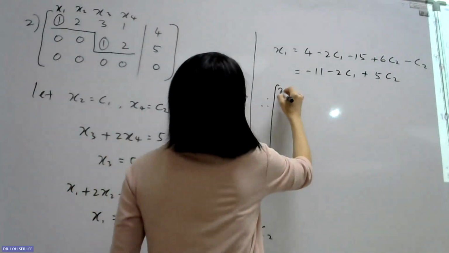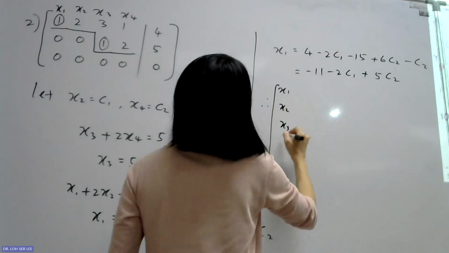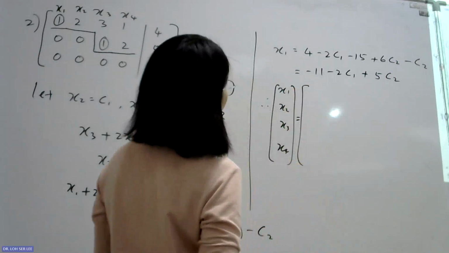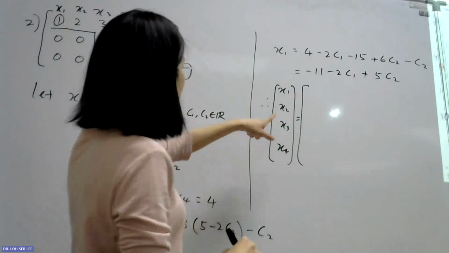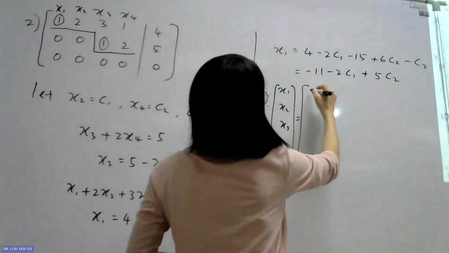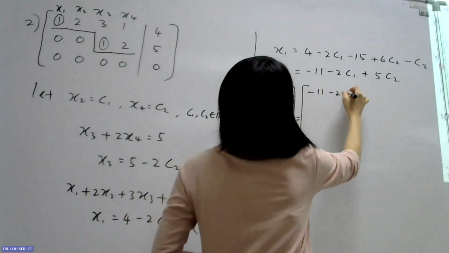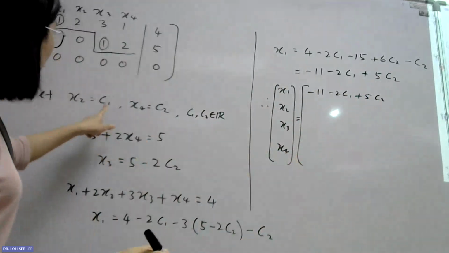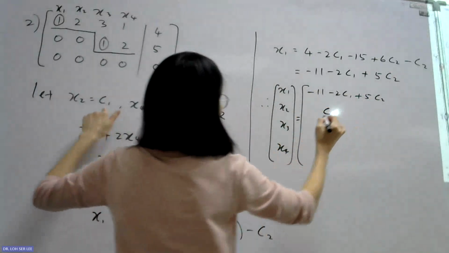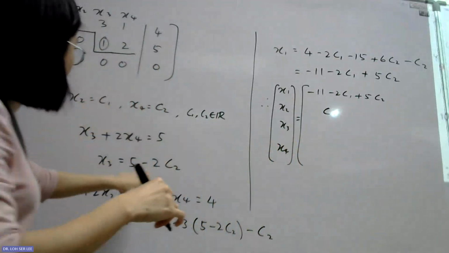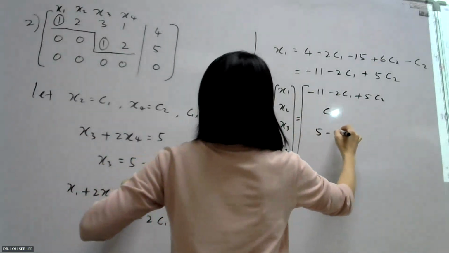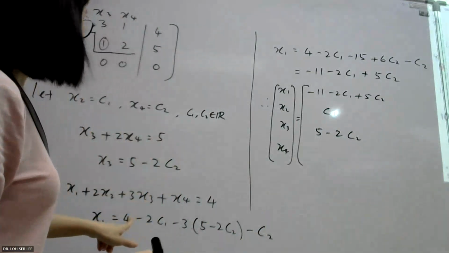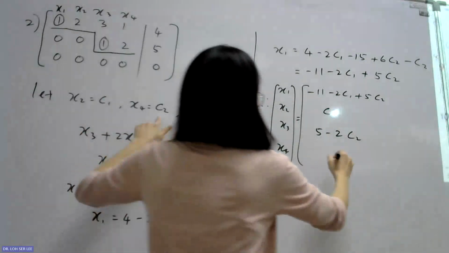So your x1, x2, x3, x4 will display them in the form of a vector. x1 is negative 11 minus 2c1 plus 5c2. x2 is c1. x3 is 5 minus c2 minus 2c2. x4 is c2.